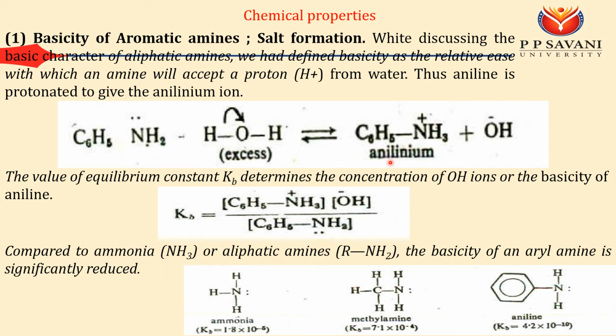So I write the concentration of anilinium ion and hydroxyl ion divided by the concentration of aniline. If I compare this with ammonia and aliphatic amines, the basicity of aryl amine is always less. If you observe here, this is 10 raised to minus 10, whereas these are minus 4 and minus 5.